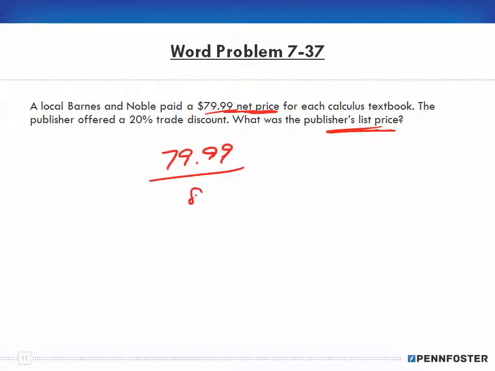And I'm going to divide by 80%, right? 100% minus the 20% trade discount is 80%. So if I take the $79.99 and I divide it by 80%, I end up with $99.99, okay?